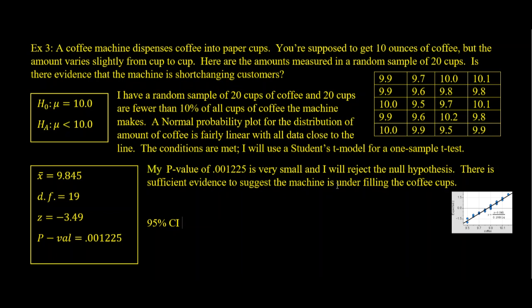So a 95% confidence interval is 9.752 to 9.938.